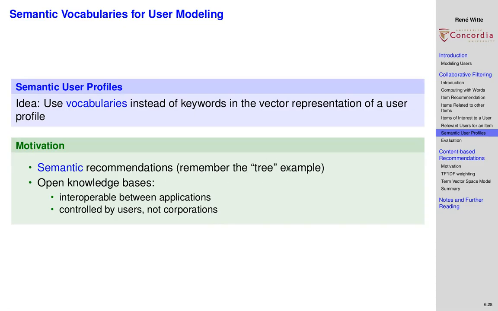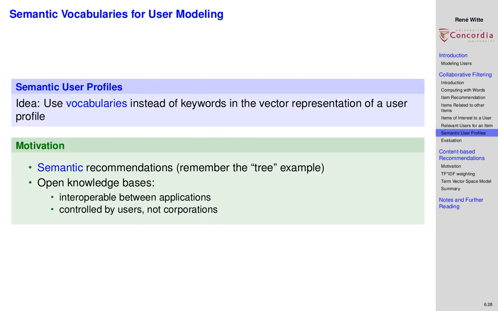Again, remember the ambiguity you have. With a tag or a label like tree, you don't know what the user is really interested in. Is it the botanical tree or is it the data structure tree? And the more ambiguity you have, the less precise these recommendations will be. And sometimes this leads to very strange recommendations, just because something was ambiguous and didn't really match with what the user is interested in.